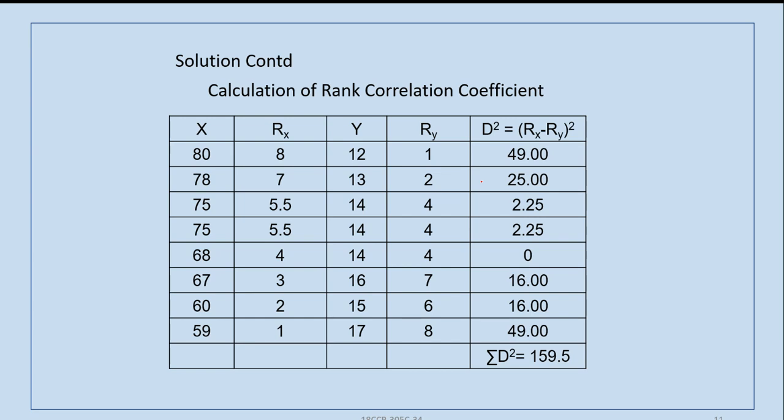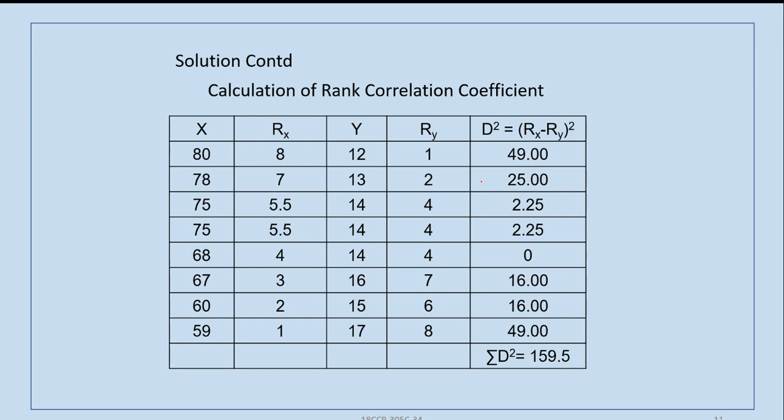So 4 is assigned to 14. Next, for 15, 6 is assigned. For 17, 7 is assigned, and for 18, 8 is assigned.